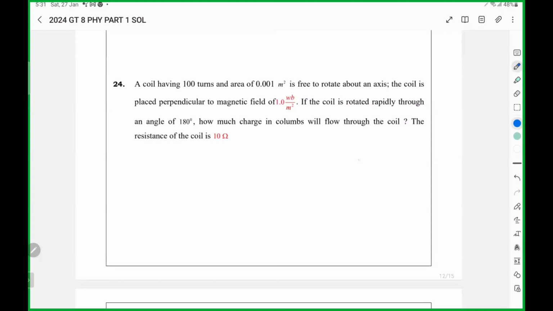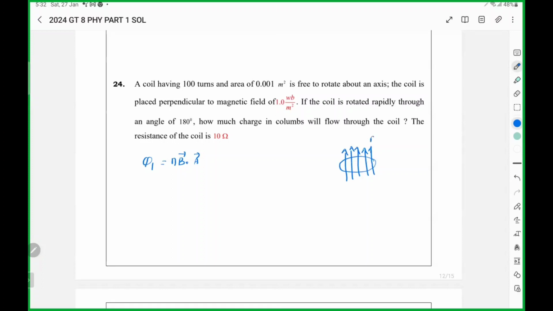So when the coil is placed in a magnetic field, there is some flux. That is, if there are N turns. So here the coil is placed perpendicular to the magnetic field.